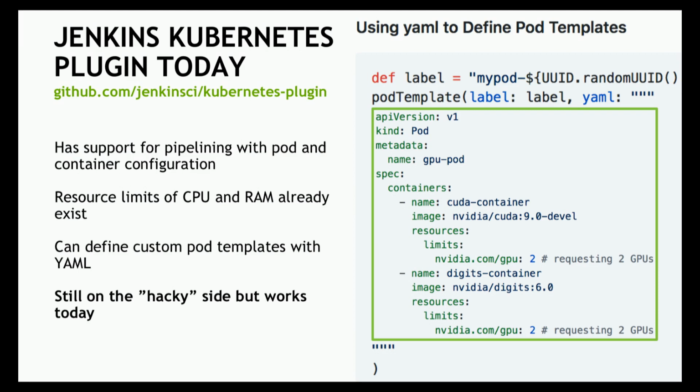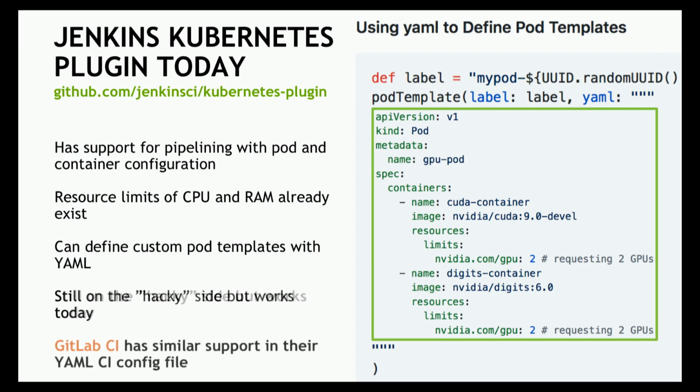So this is the hack around it to be able to do it today. I'm working on trying to make this better, ETA hopefully in the next couple months. And then GitLab also has similar support in their YAML CI config file to be able to target Kubernetes and do this as well.